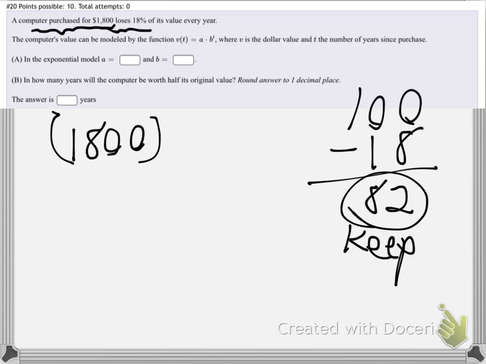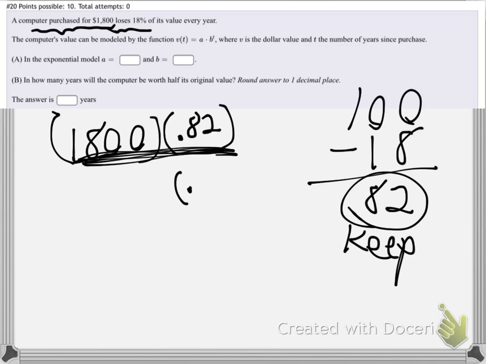If I wanted to figure out how much it was worth after 1 year, I'll take that 1,800 times 82%, or times 0.82, and that gives me how much it's worth after 1 year. To figure out how much it's worth after another year, I'll times whatever answer I got by another 0.82, and that gives me the new value.